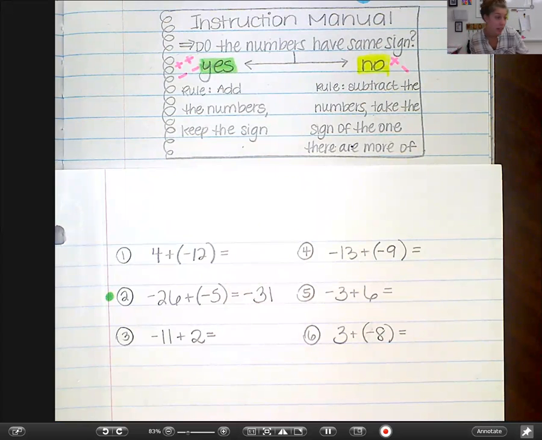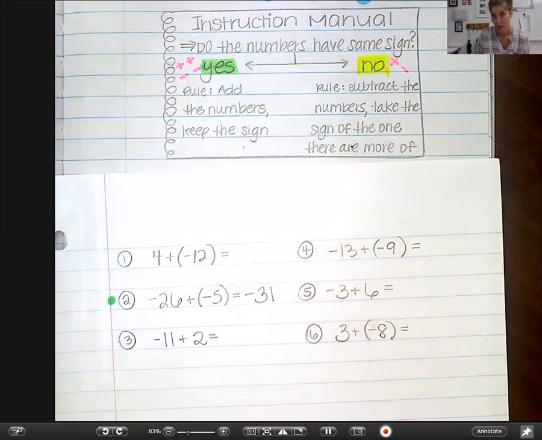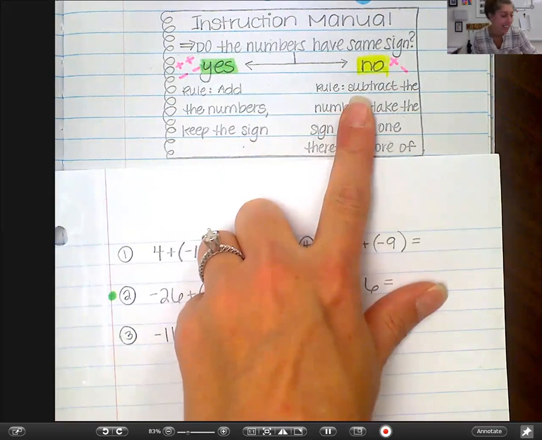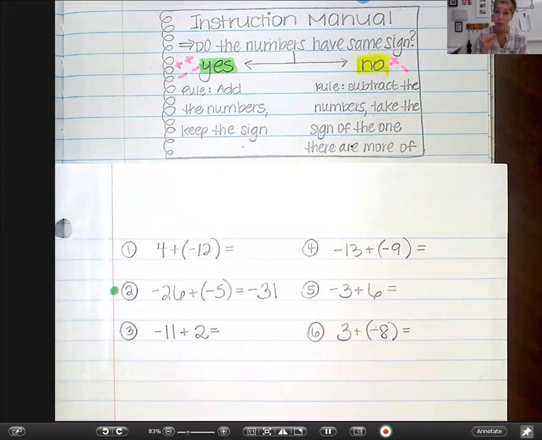On the flip side, if they're not the same, remember with algebra tiles, we were crossing things off and seeing what's left over, that's subtraction. Or on a number line, if we were to go one direction, say negative, and if we add a positive, we were kind of reversing our direction, right?